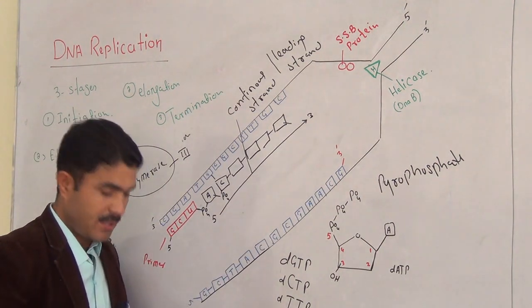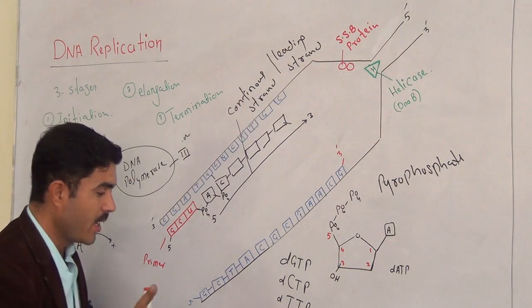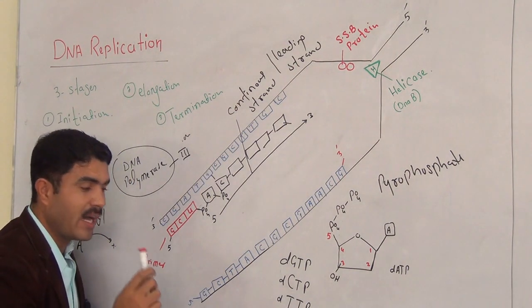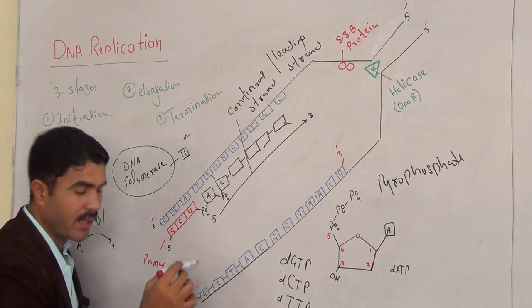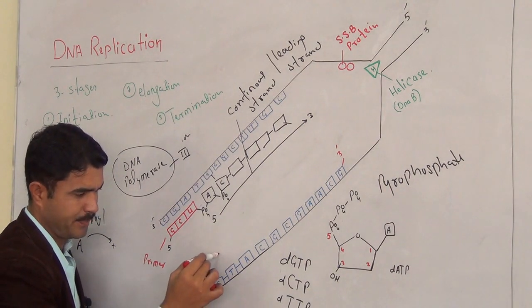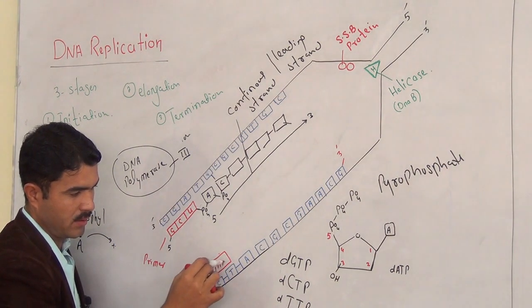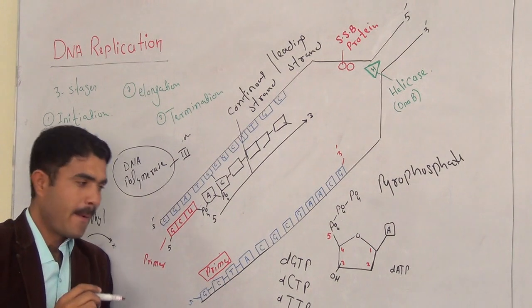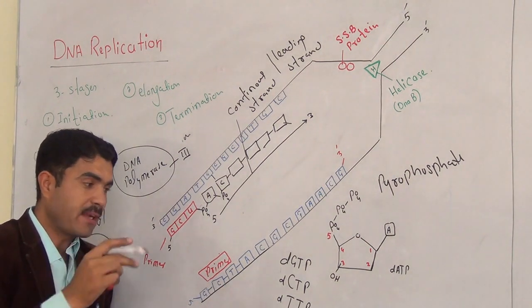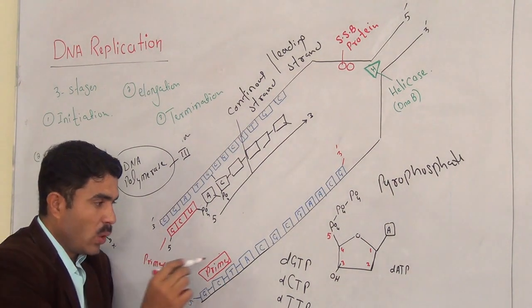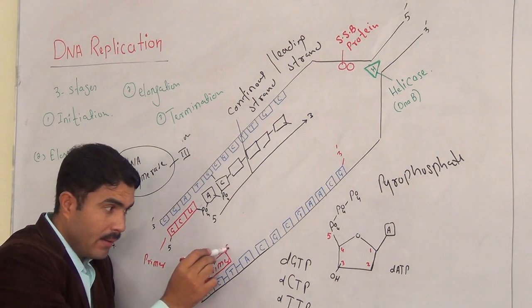In this case, listen, if I attach the primer here, let's suppose this is the primer, okay? Where do you expect the OH will be? Would you place the OH here?